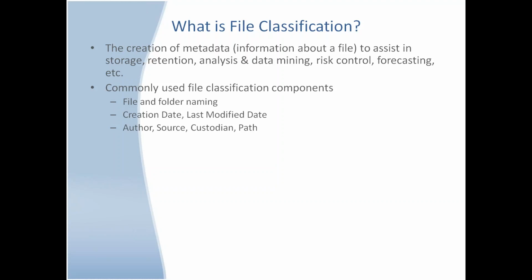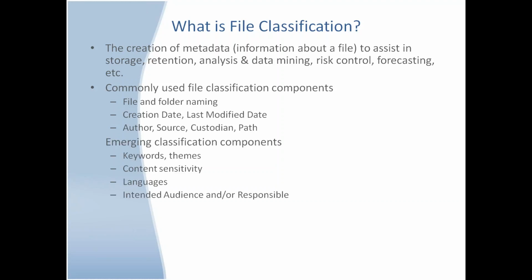What's commonly used, as I said, are a couple of more familiar metadata types. There are also some emerging types of metadata. A big one is content sensitivity. That's things like, does this contain personally identifying information, or PII, things like a birth date or a social security number.